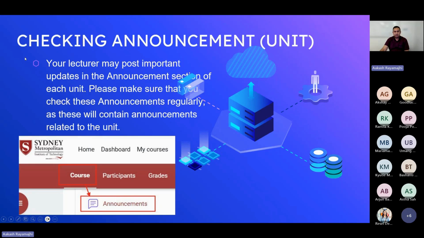As you can see here, once you go inside My Courses, you'll see all the courses. For example, if you click any of the units and then go in the course, you can see the announcements section. If you click Announcements, there should be all the announcements made by your lecturer for the class. But not all lecturers might be making announcements in the unit. It might differ depending on the units and the lecturer.